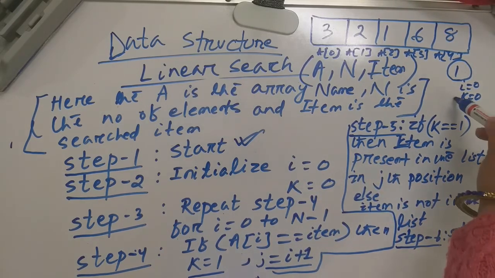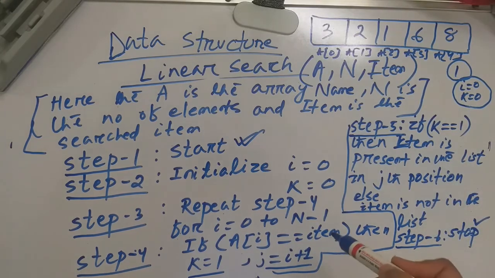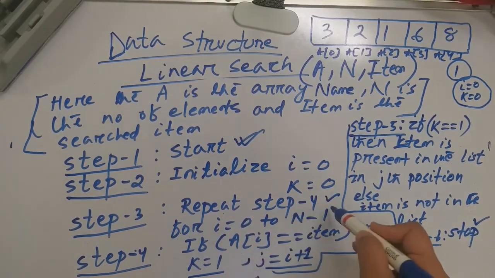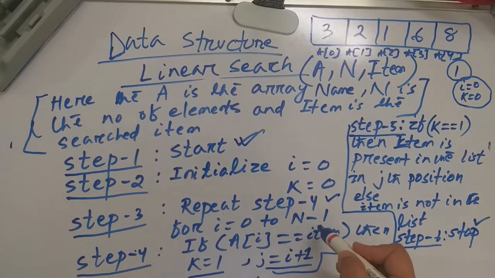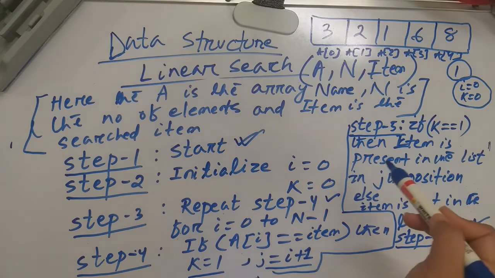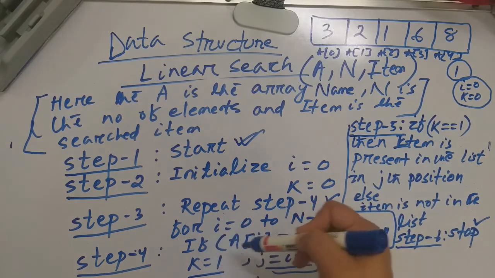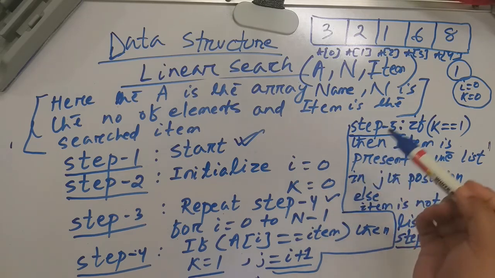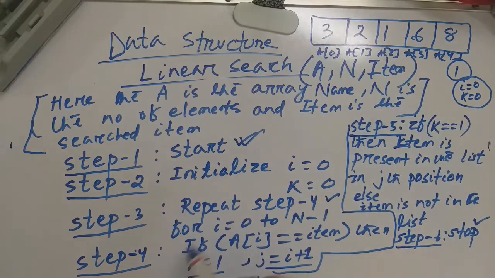So here I am writing I equal to 0 and k equal to 0. Then repeat step 4 for I equal to 0 to n minus 1, up to A4. If ai is equal to item, so first we repeat that step 4, up to I equal to 0 to n minus 1.